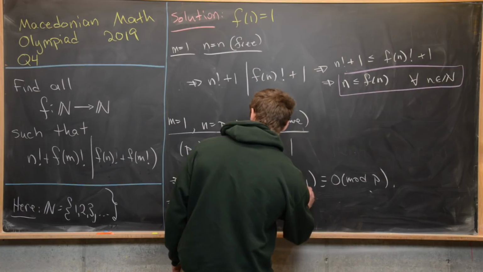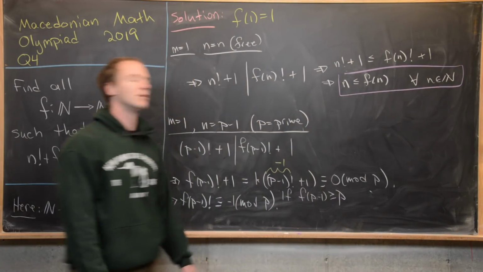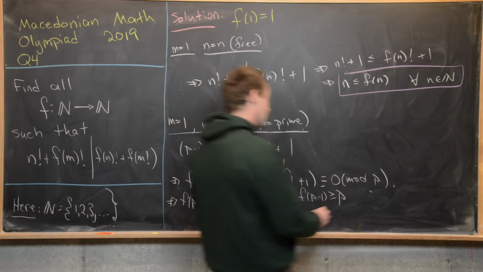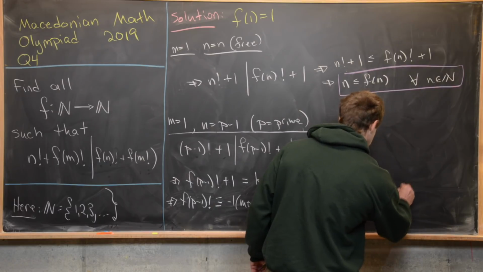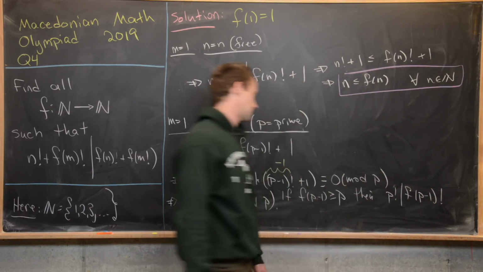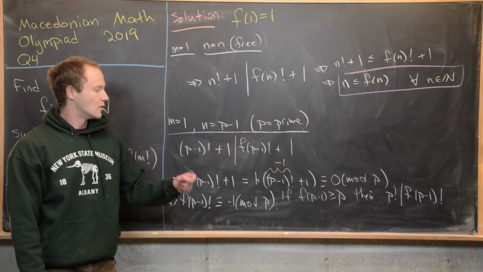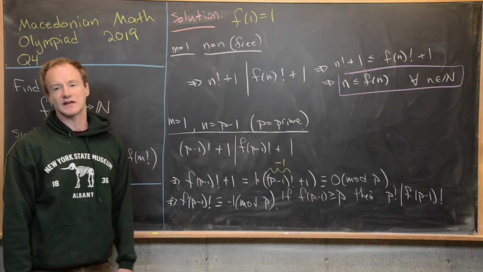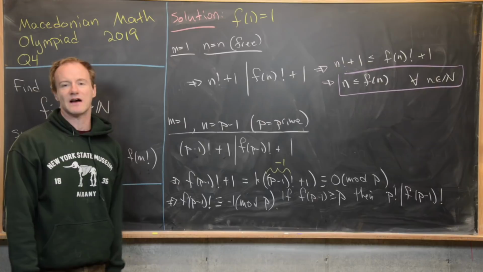Let's notice that if f of p minus 1 is bigger than or equal to p, then p factorial divides f of p minus 1 factorial. So just think about it. If you've got 7 is bigger than or equal to 5, well, 5 factorial is going to divide 7 factorial, because 7 factorial is 7 times 6 times 5 factorial.